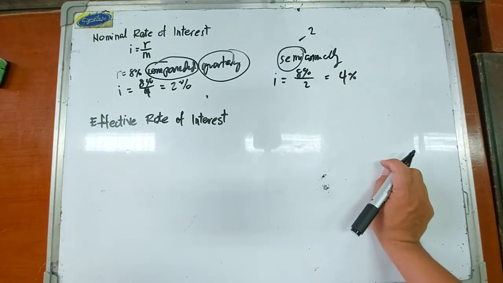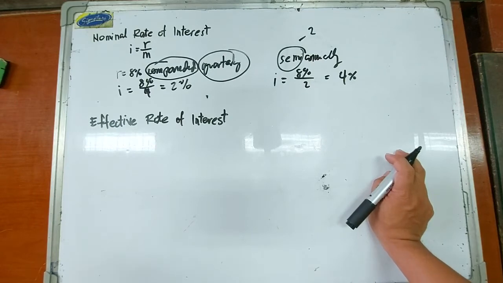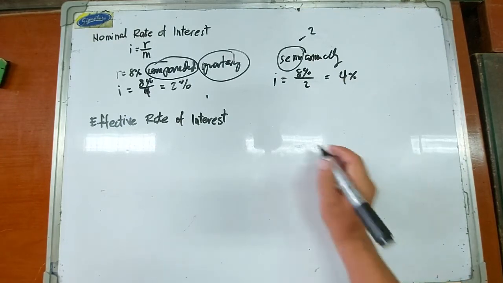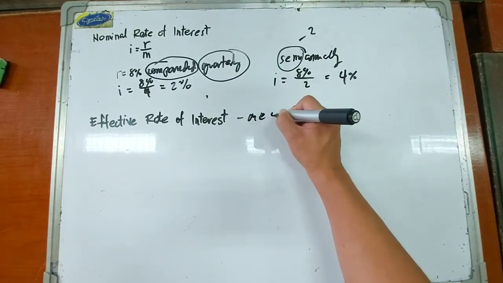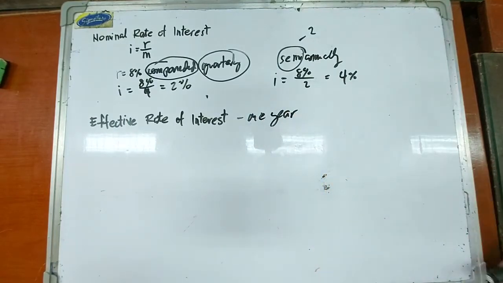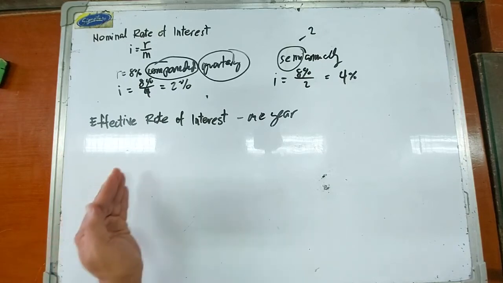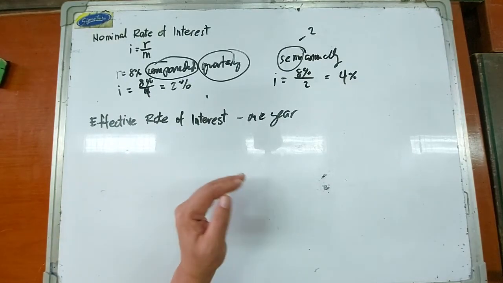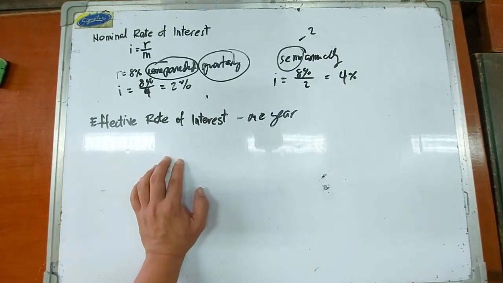The effective rate of interest is the actual or exact rate of interest on the principal during 1 year. So this is 1 year. That is the actual rate. So for example, when our interest is compounded quarterly, what is the exact or actual effective rate of interest?